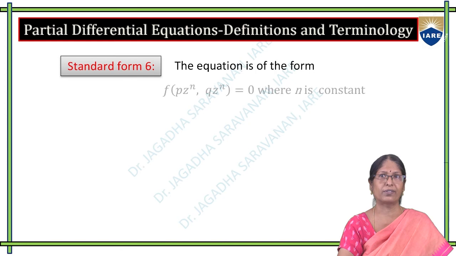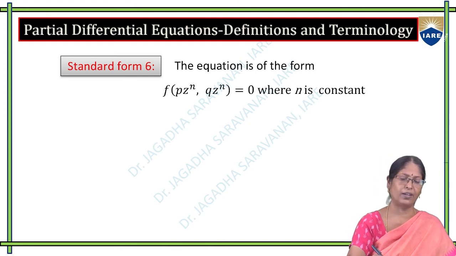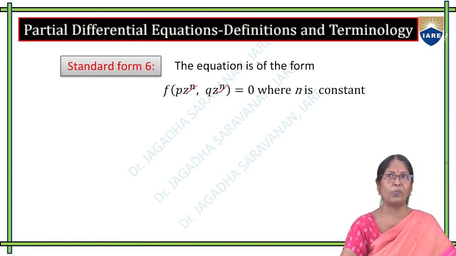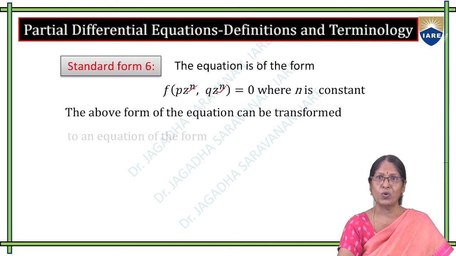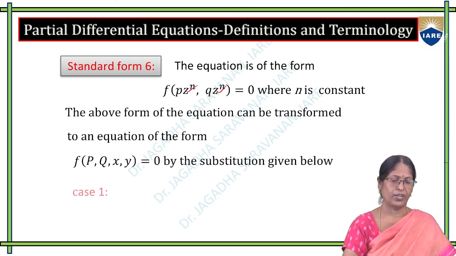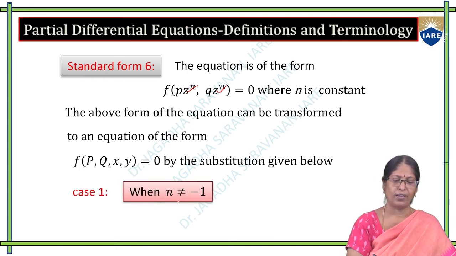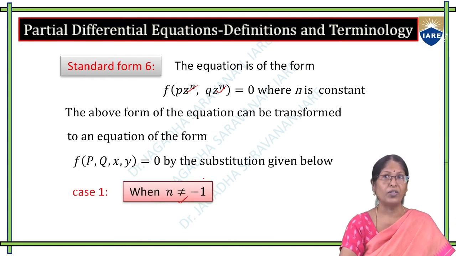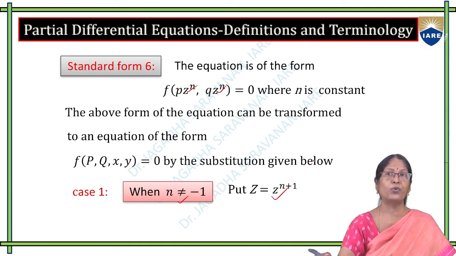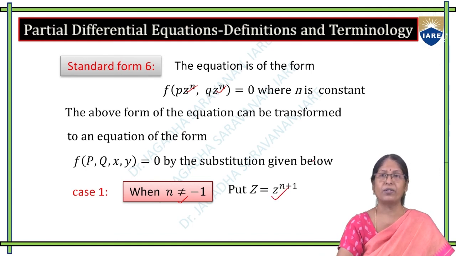Standard form 6, here our z has the power. Here also there are two cases, we can see here. Case 1, n is not equal to minus 1. This is the assumption we have to take: capital Z equals z power n plus 1.